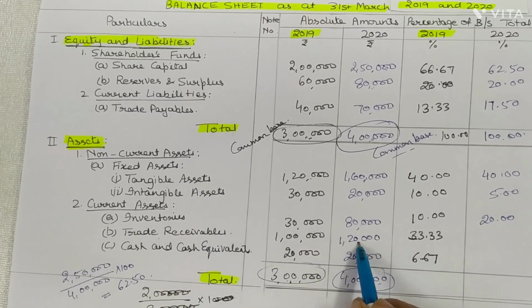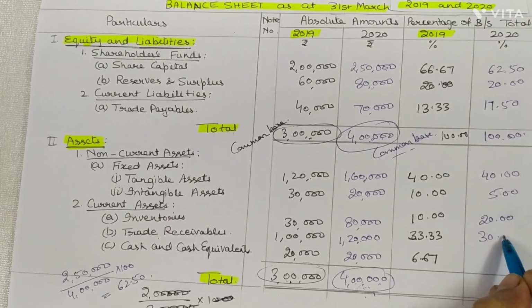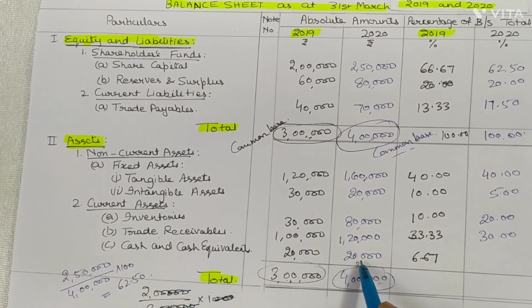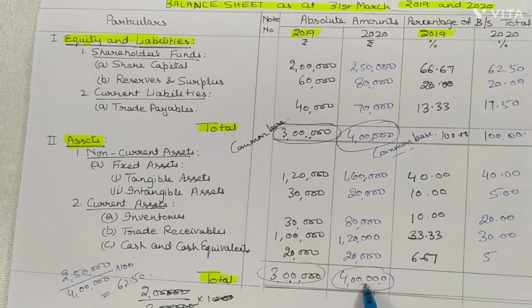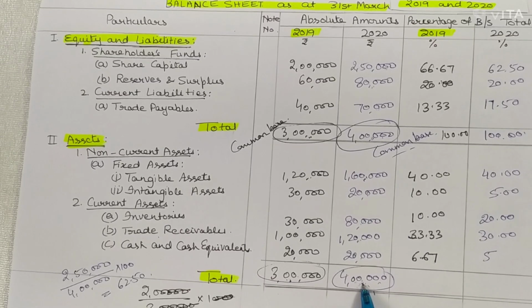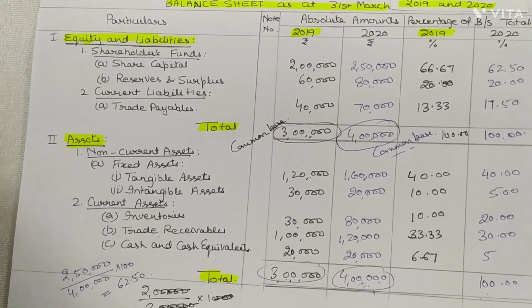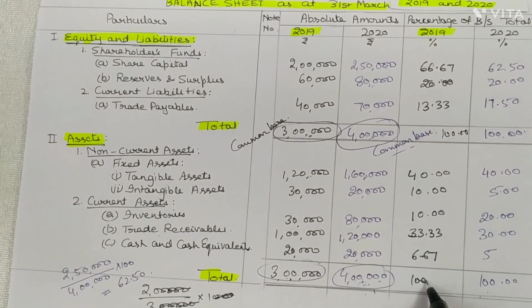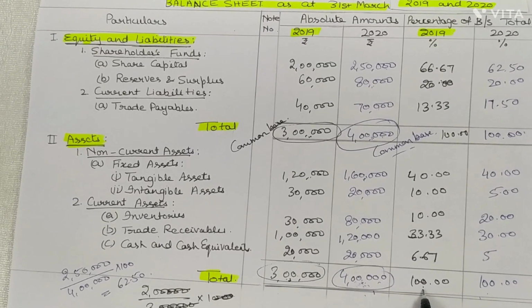Trade receivables. 1 lakh 20 divided by 4 lakh into 100 is equal to 30%. Next is cash and cash equivalent. 20,000 divided by 4 lakh into 100 is 5. And this 4 lakh divided by 4 lakh into 100 is equal to 100%. If you total this, it is also 100.